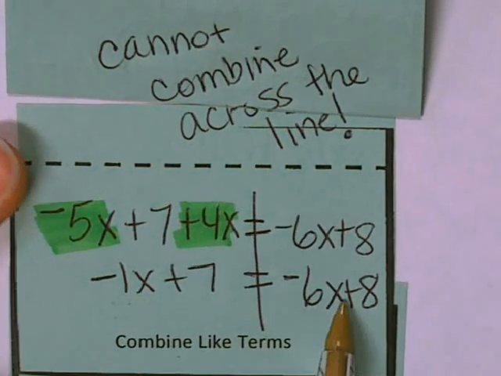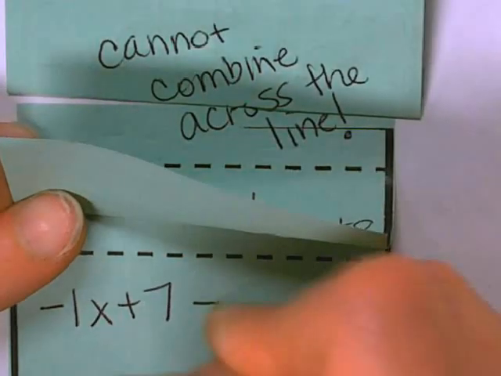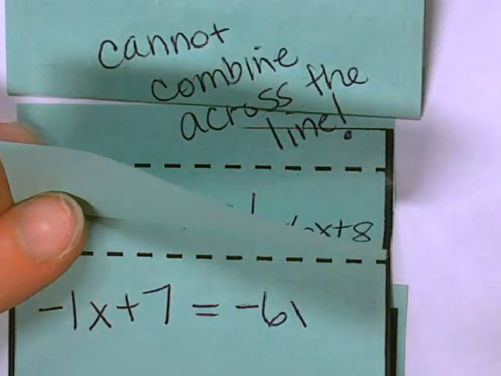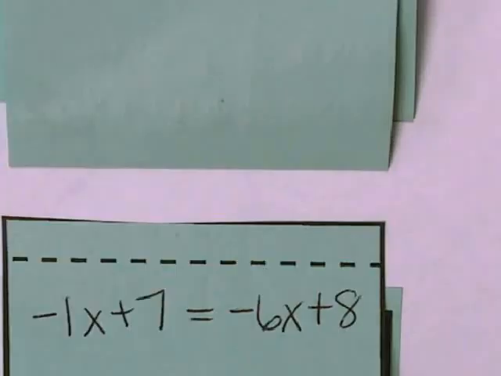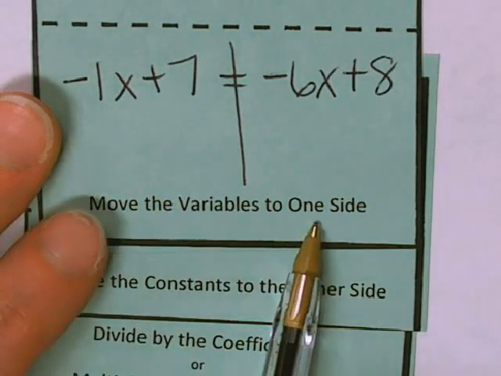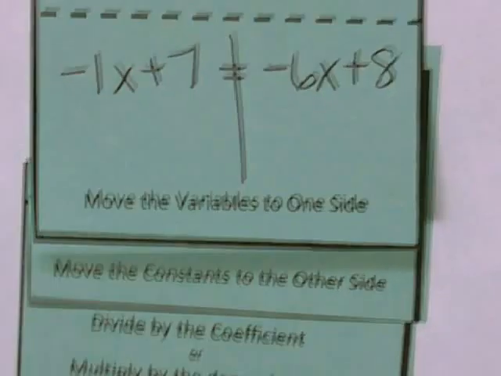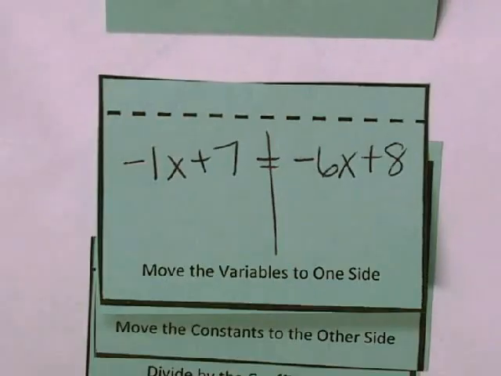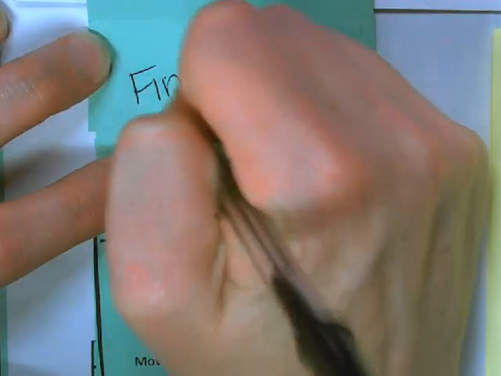Alright, so we're going to copy this line over again on the next page. So it's negative 1x plus 7 equals negative 6x plus 8. I'm going to copy it down and draw your line. At this point it says move the variables to one side. Now remember, in my class we talk about finding the bigger side with variables. So which side is bigger, negative 1 or negative 6? Negative 1, right?